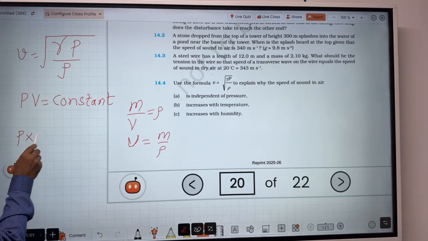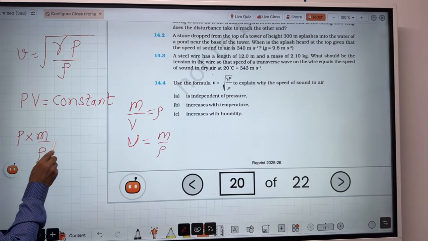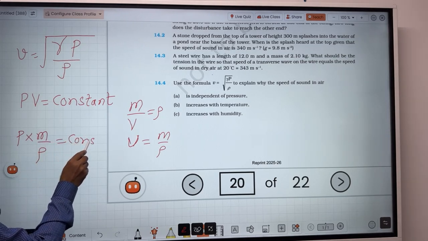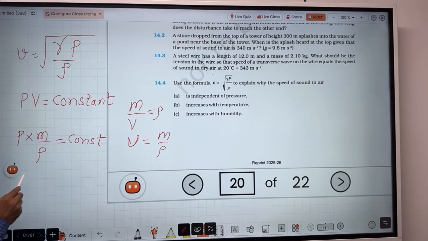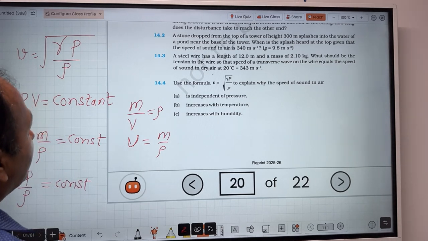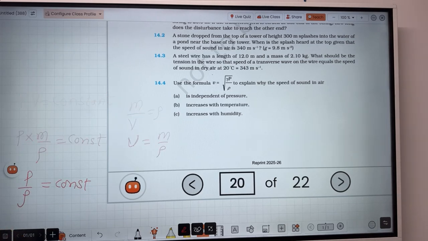So if we write P into M upon rho equal to constant, we can say P upon rho is constant. Hence, we can say that velocity is independent of pressure.